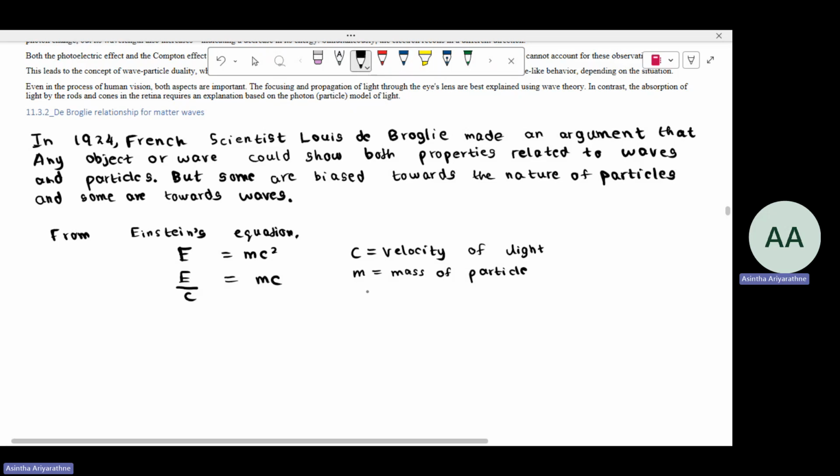The mass of the particle corresponds to the energy of the particle.